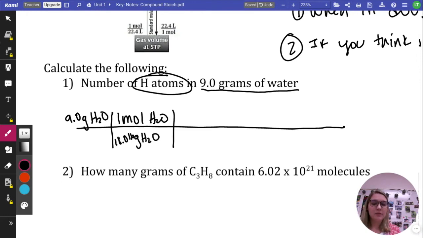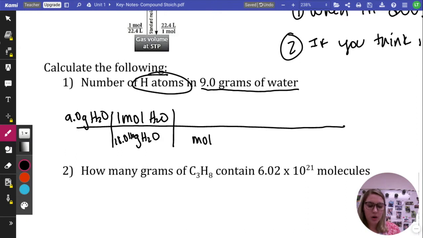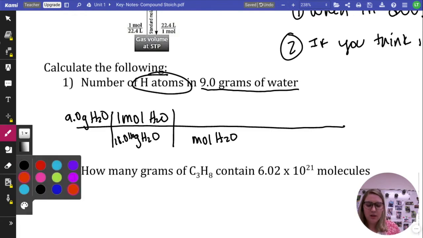Okay, guys, now moles of water, is that what I want? No. So once again, we're going to drop it low. I want atoms of hydrogen. As you can see, our units are currently moles of water, but I want to be in just pure hydrogen.